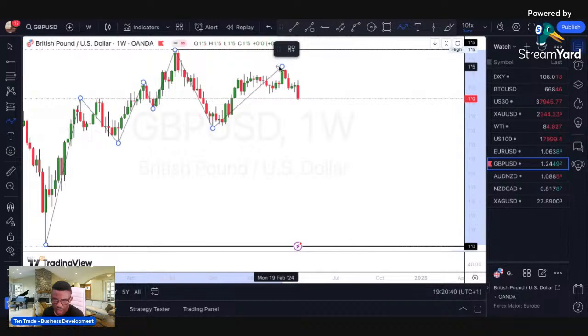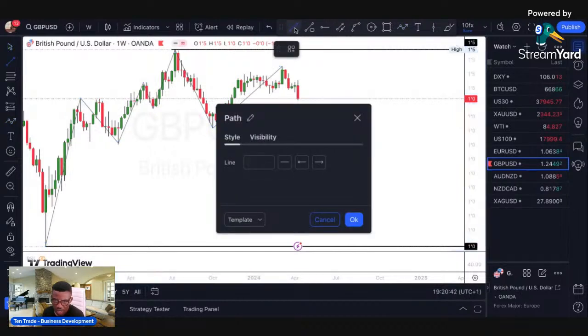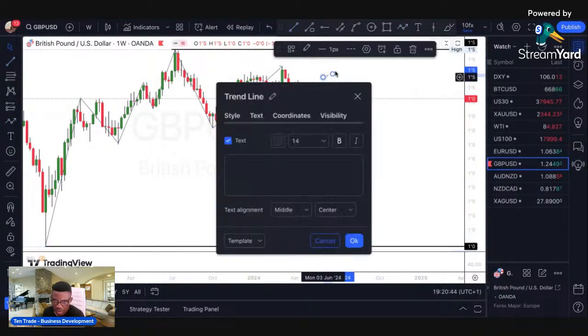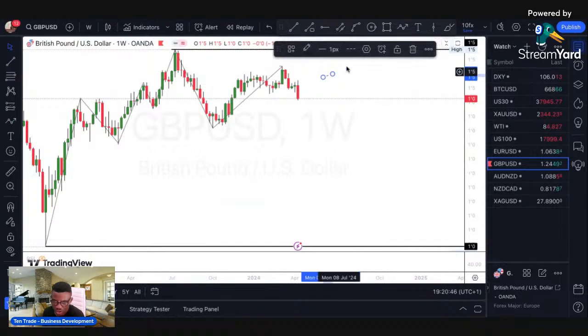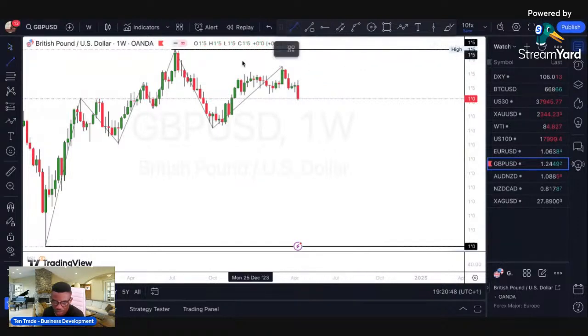So here we can say officially there is a change in market structure on the weekly time frame. So from here, we can't say GBPUSD is bullish anymore. From what we see here, clearly GBPUSD is bearish.